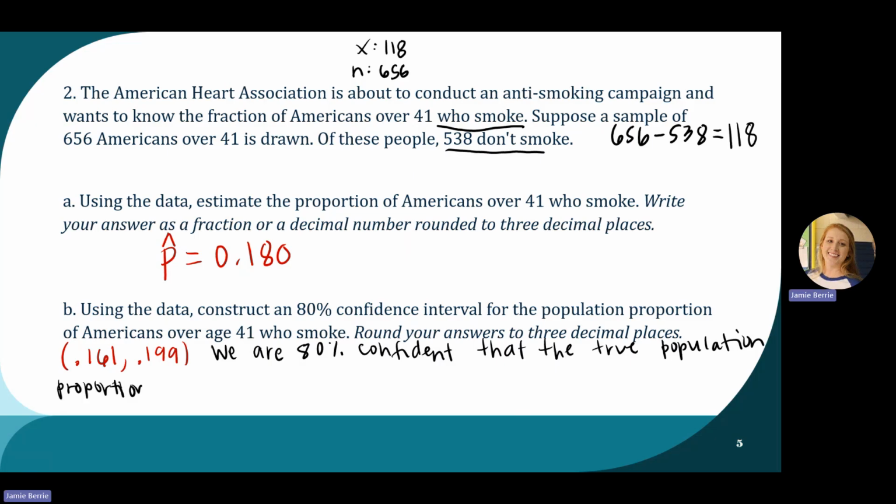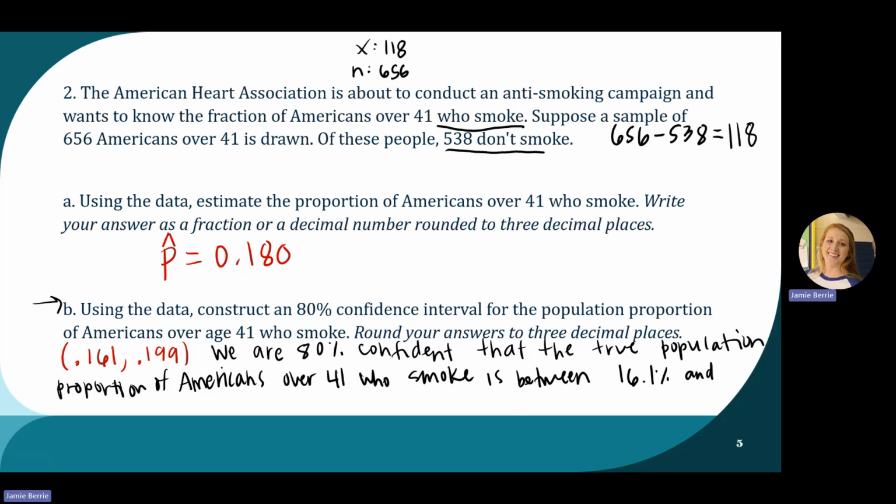just copying the wording from the problem right here, that the true population proportion of Americans over 41 who smoke is between, and we'll write our numbers in their percentage form, so about 16.1% and 19.9%.